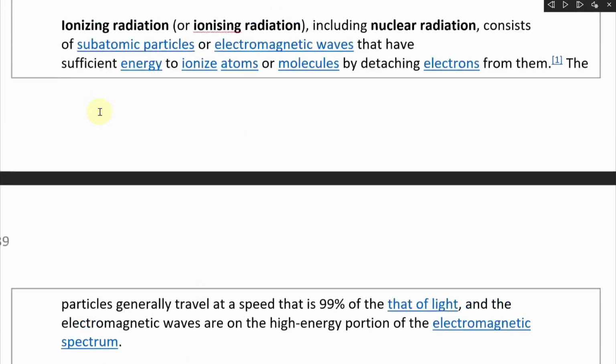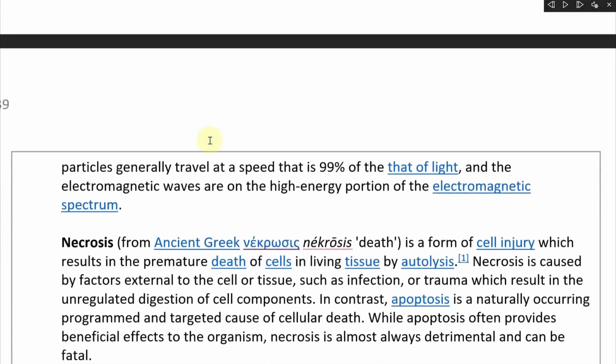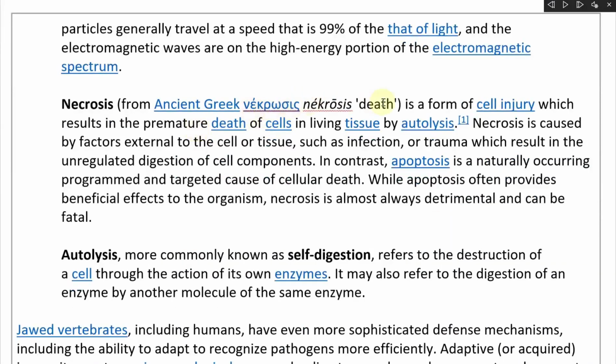And necrosis is basically necrotic cells right here. Let's bold that. Necrosis, from ancient Greek, meaning death, is a form of cell injury which results in the premature death of cells in living tissues by autolysis. Autolysis, you see this? Autolysis.